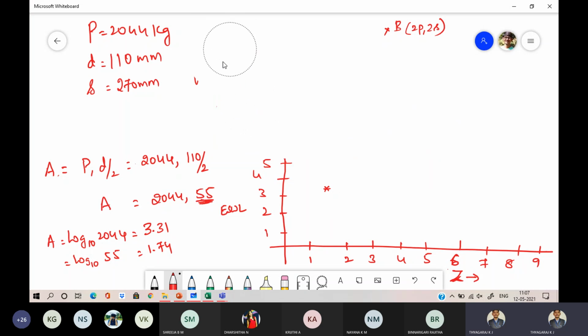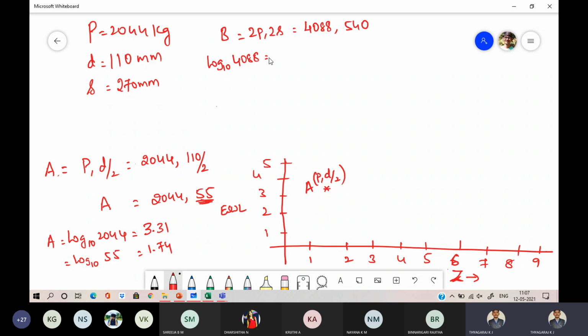This is point A. We have got P comma d by 2 in terms of log. Now, what are the coordinates of point B? It is 2P comma 2S, that is 4088 comma 540. Convert to log 10 of 4088, how much are you going to get? 3.61.